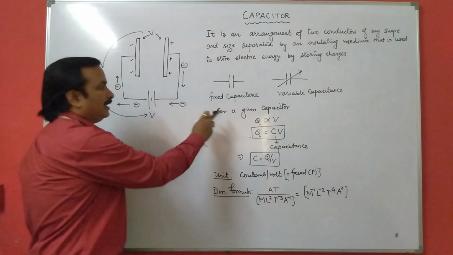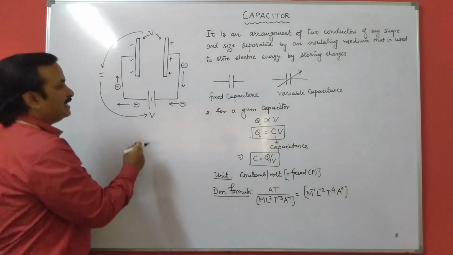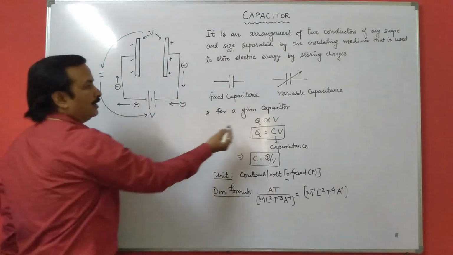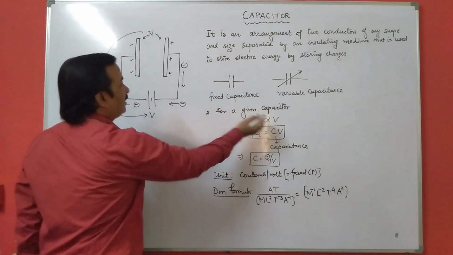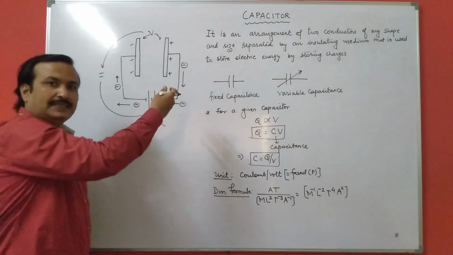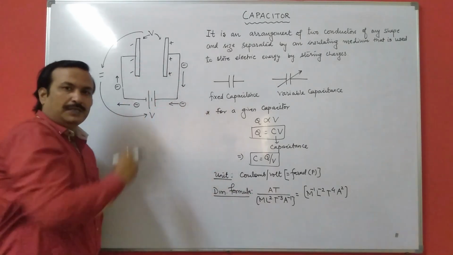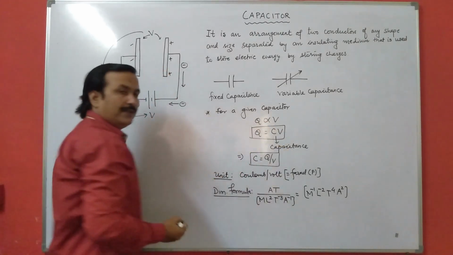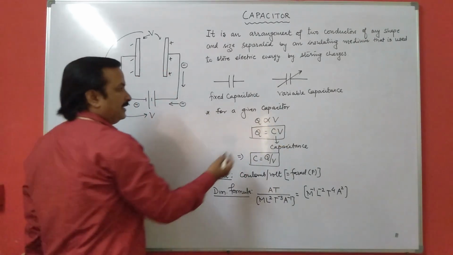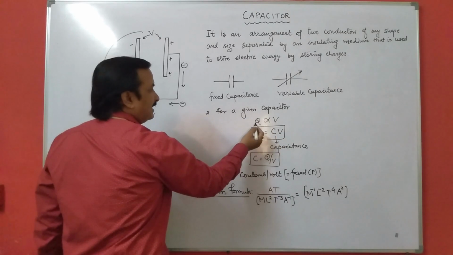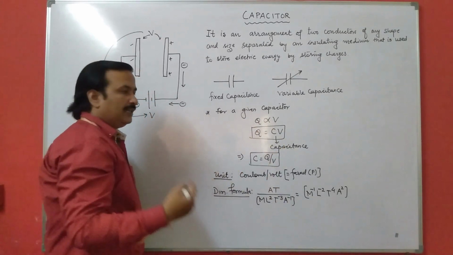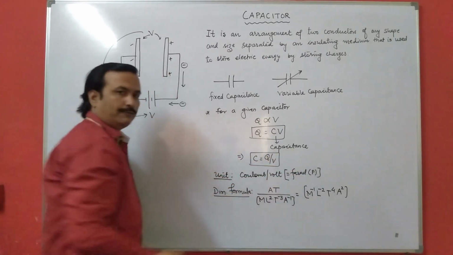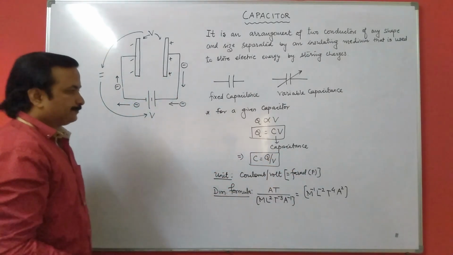Now, for a given capacitor, we have seen that when we were storing charge Q, it is proportional to potential V. That means जितना हम चार्ज बढ़ाते जा रहे हैं, पोटेंशियल इसके बीच में बढ़ते जा रहा है. That means this charge Q is directly proportional to V. When we put the proportionality sign, it is Q proportional to V. But when we remove it, we find that the constant comes, C, that is called the capacitance of the parallel plate capacitor.